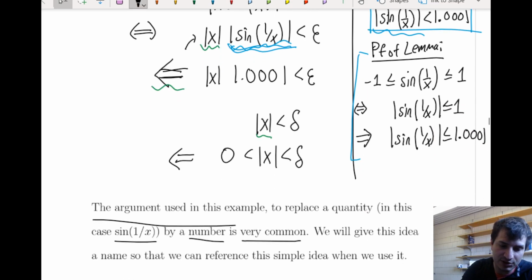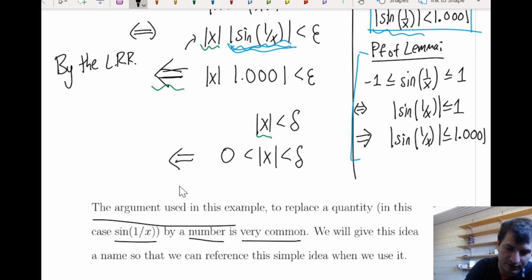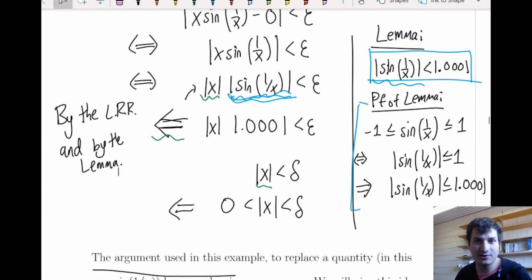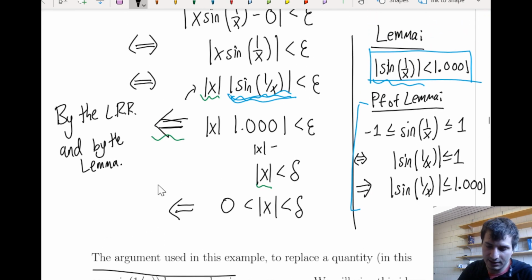So we should justify it. We should say by the left replacement rule, LRR stands for left replacement rule, and by the lemma. The left replacement rule says if two things are in order, you can replace. The lemma explains why the two things are in order. Okay, now we're really close. All I'm going to do is move the epsilon to the other side.